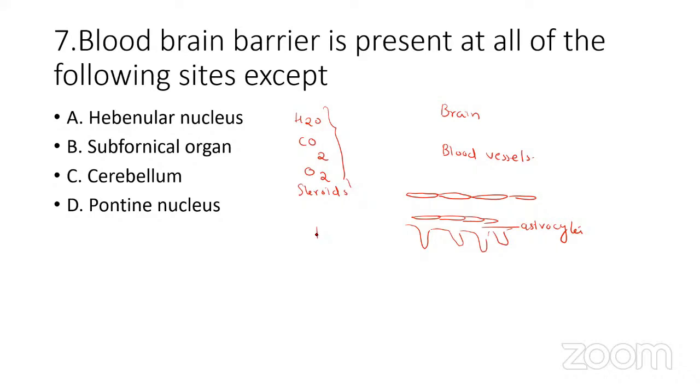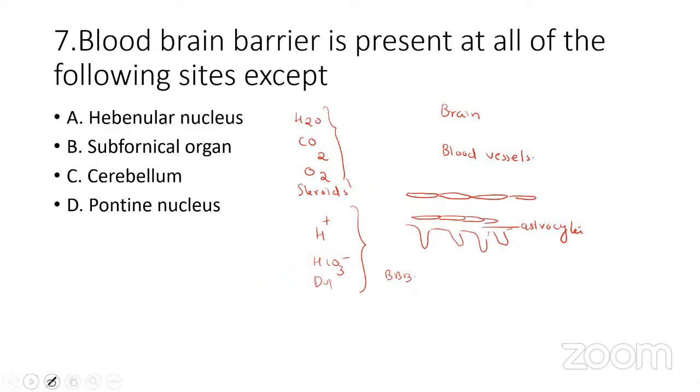But ions, hydrogen ions, bicarbonate ions, and dopamine cannot cross the blood-brain barrier. That is a problem. And some areas do not have this blood-brain barrier; they are outside the blood-brain barrier.